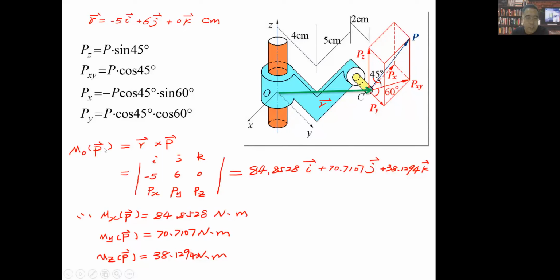So we just need to calculate the moment of P to point O. It equals position vector R cross product force vector P, right? So you just need to write it like this.